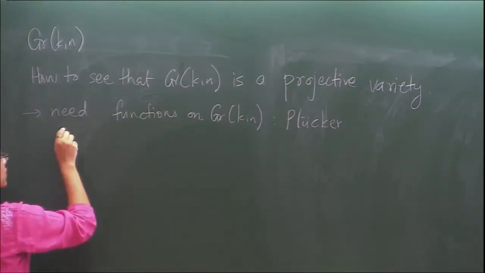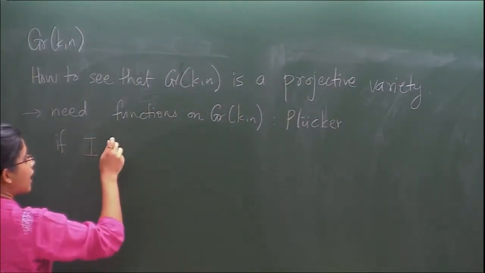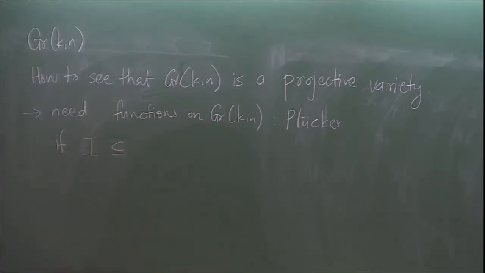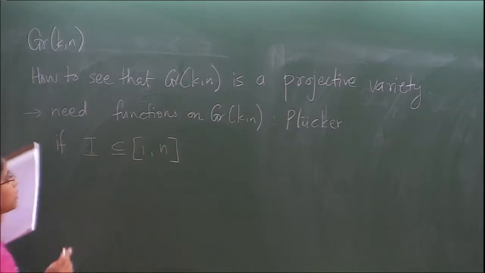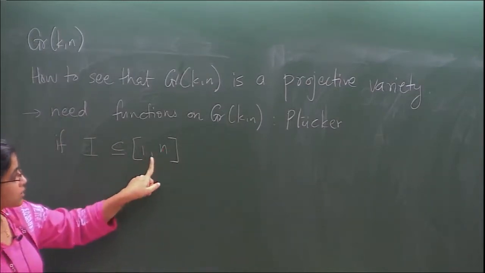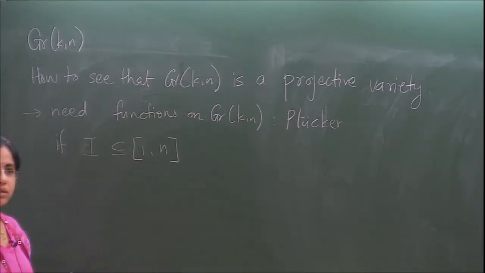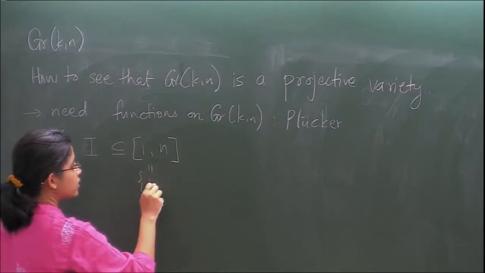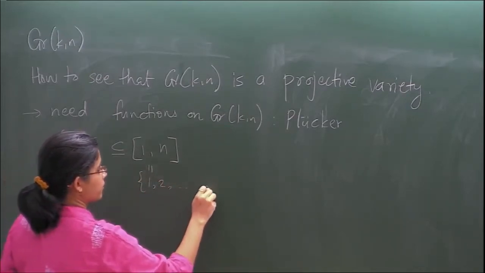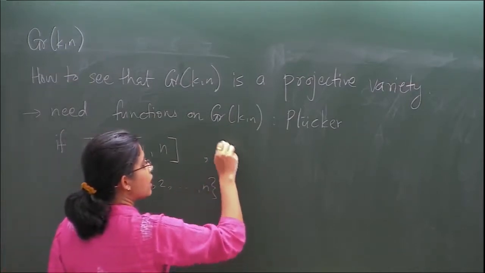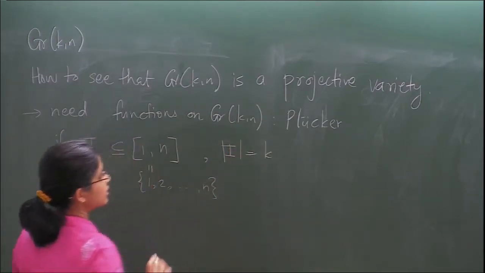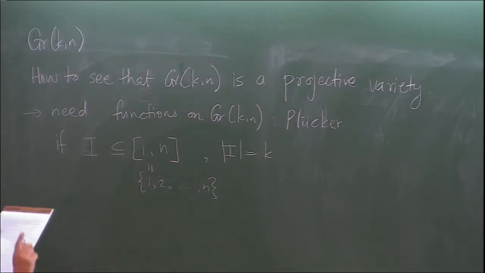So let I be a k-subset of 1 to n. Whenever I write 1 comma n in square brackets, I mean the set 1 to n. So suppose I is a k-subset, so the cardinality of I is k. I will use this a lot.